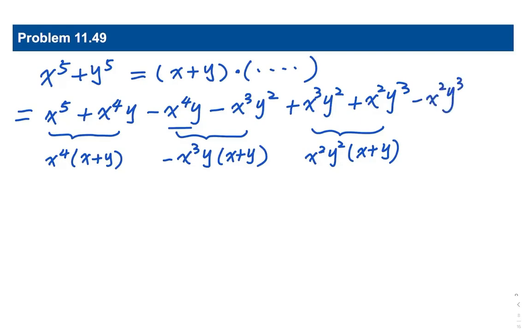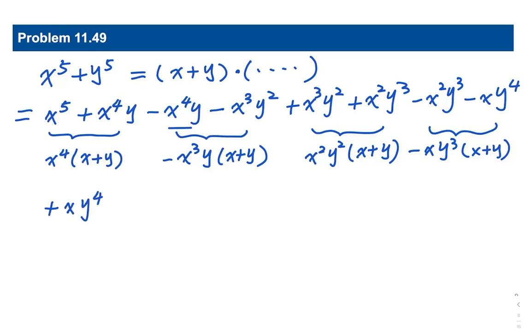Okay, then we subtract x y to the power 4 in order to have the factor x plus y, which is negative x times y cubed. Then we need to add back x times y to the power 4. Finally, we add the term y to the power 5. This gives us y to the power 4 times x plus y.